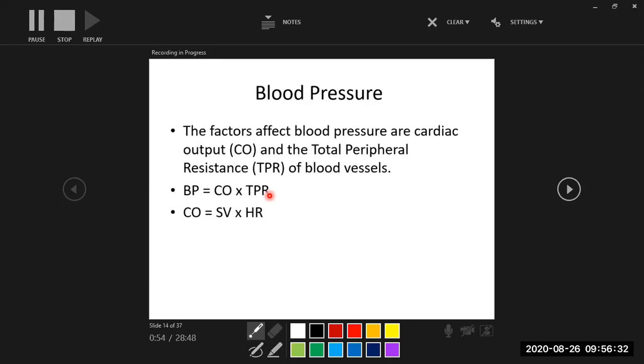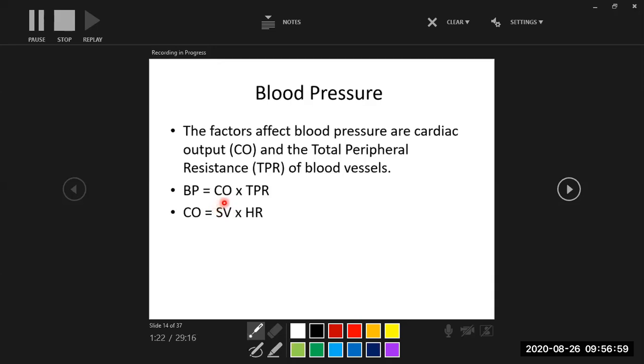The condition that causes this person's hypertension is very likely to be different from the reason that causes the other person's hypertension. So there's no single pill to treat hypertension. It would require a lot of investigation to see what is the true cause of a person's hypertension. It could be the CO, it could be the TPR.